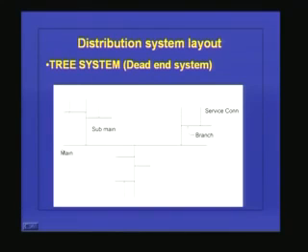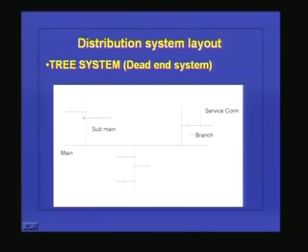In a tree system you have a main line which is coming from the treatment plant or a distribution reservoir, and then this main line branches off into several submains. There is one submain here, one here, one here, and from the submain we branch off into what we call branches.